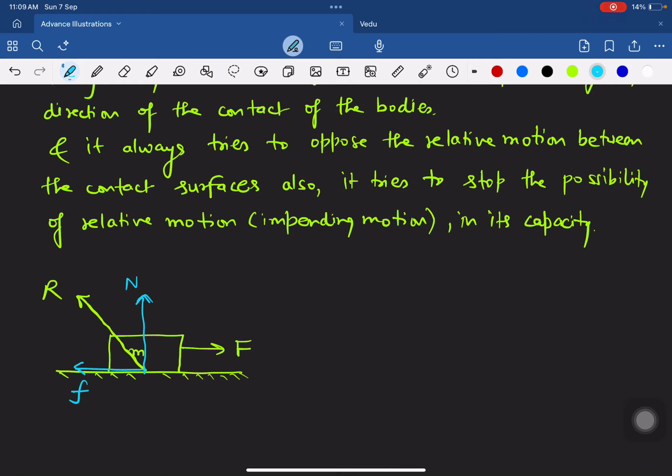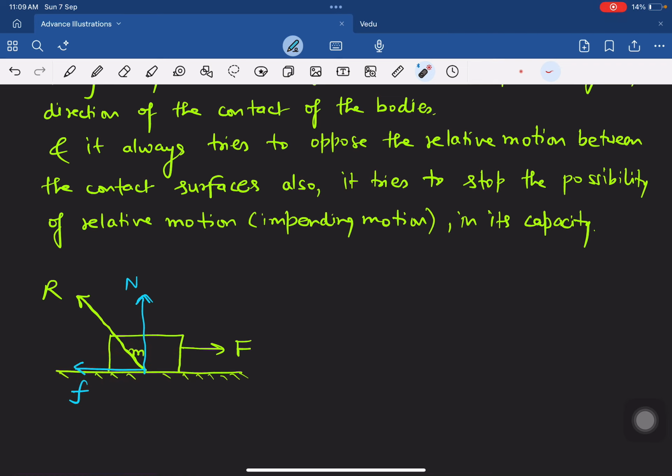This is the surface of contact between these two bodies, and the friction force acts along the tangent of this mutual contact of the two bodies. Maybe the possibility of friction is in this direction or in that direction, depending on the relative motion, which we will see in later lectures. But right now you should understand that the direction will always be along the tangent of the contact surfaces.